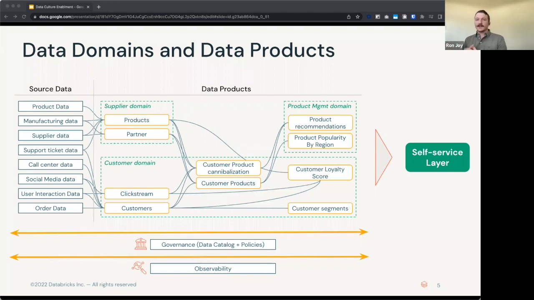You might want to go to your supply chain team. Or maybe you get all that data together and it gives you some really good insights into your financial outlook for the next quarter, for customer turnover. Well, maybe that needs to go to your finance teams and your accounting teams. So lots of different data sets can be combined in different ways to meet different domain needs on both sides of this equation, on the source and on the destination.